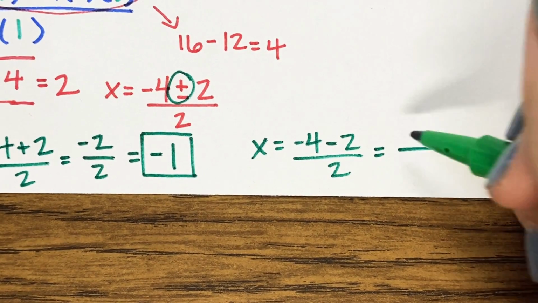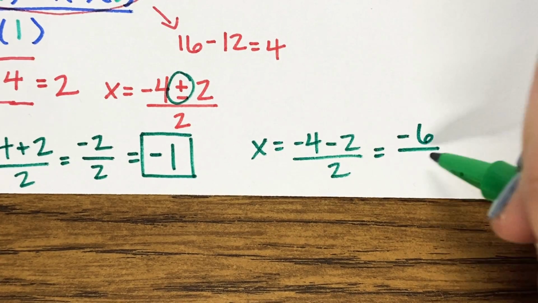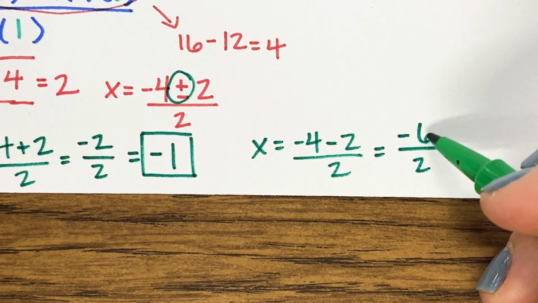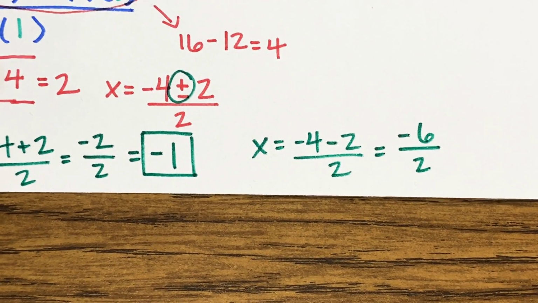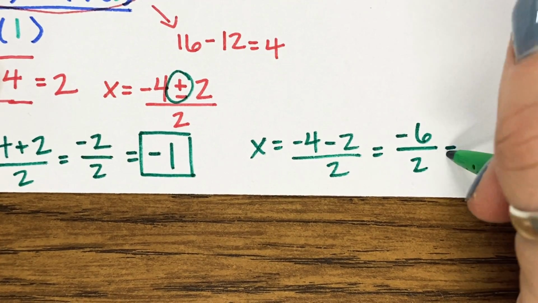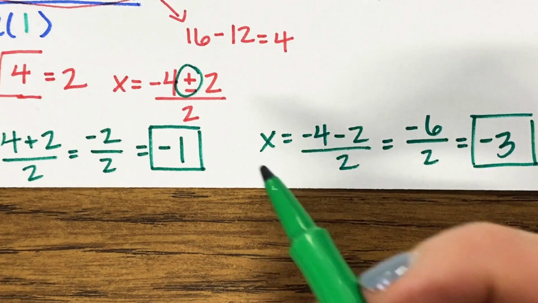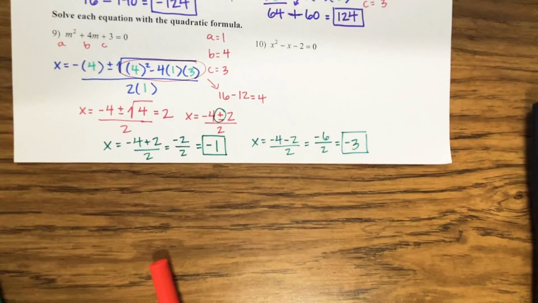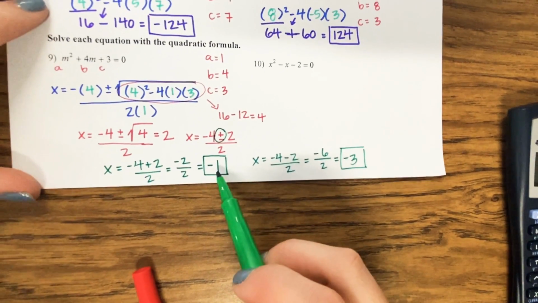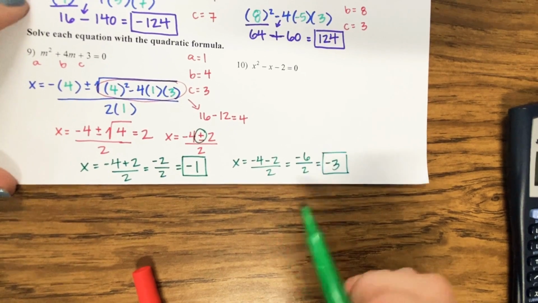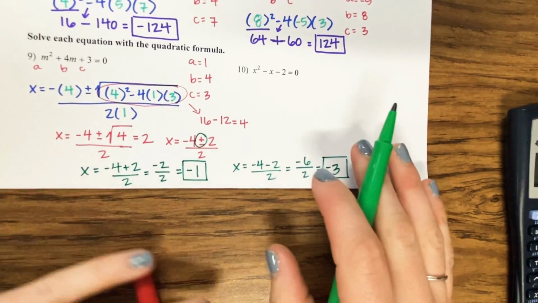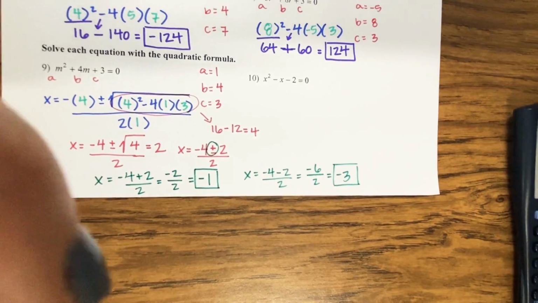It's going to give me -6. Okay, well, what is -6 divided by 2? -3. So my two answers for number 9 were -1 and -3. Okay, awesome.